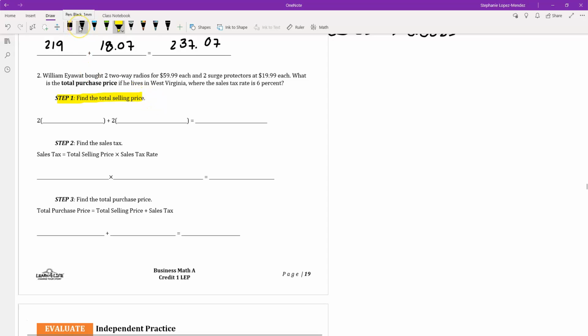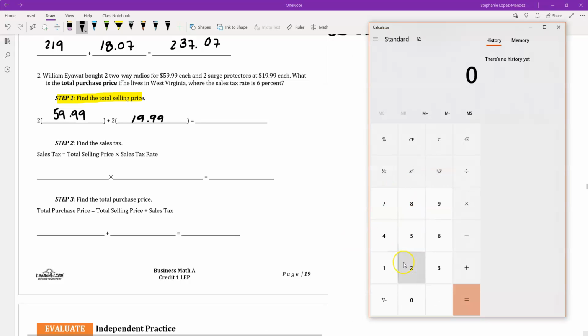Now this changes just a little bit because he actually bought 2 radios and 2 surge protectors. So our first item, the radios, cost $59.99 and our protectors cost $19.99.